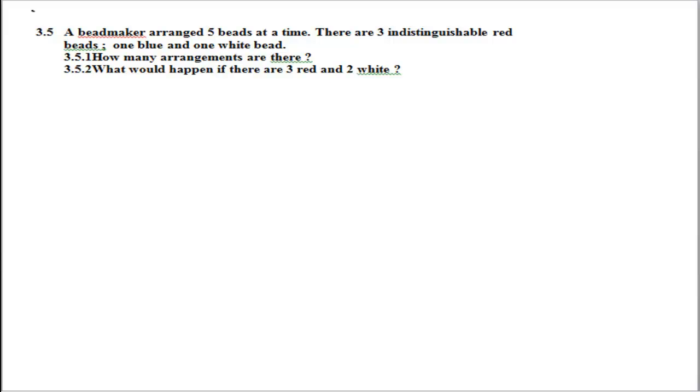So if I got red, and I got a blue, and I got a white, and I got red, these reds are indistinguishable. It means you can't say let's move this red to the 5th position. No, they're indistinguishable.